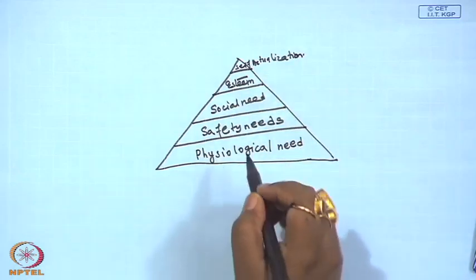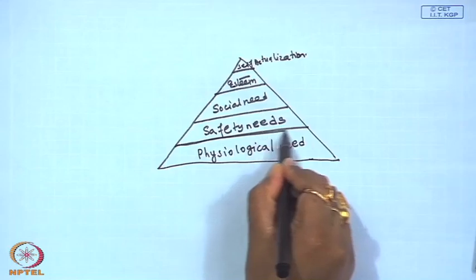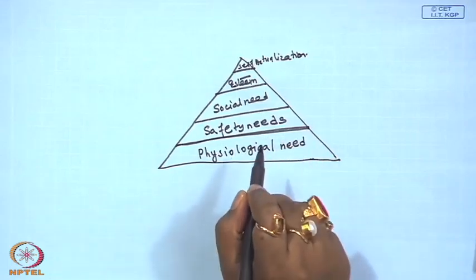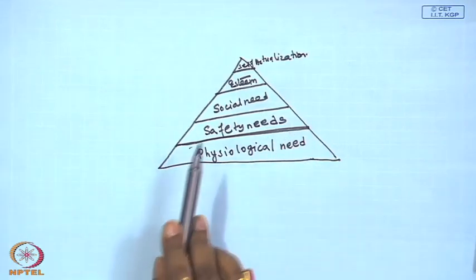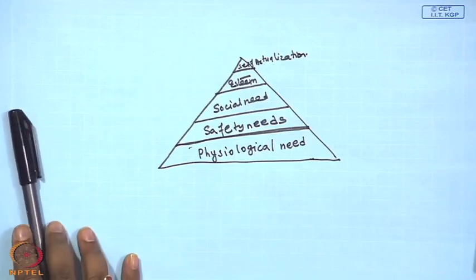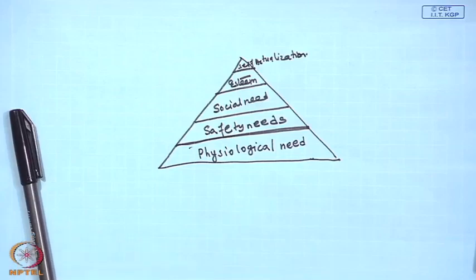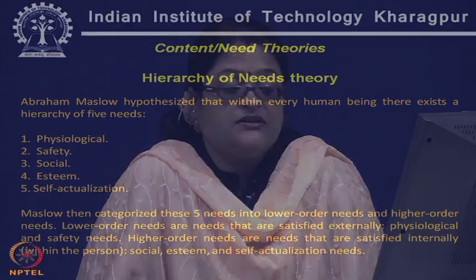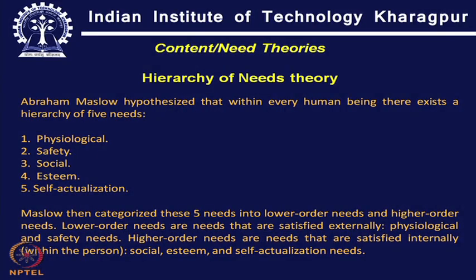Now, physiological need is at the lowermost level of this pyramid, and it is the very basic need that every individual has, and these are to be met by the organization. After that, physiological needs are followed by the safety needs, and above that is the social need, and then esteem needs and self actualization.